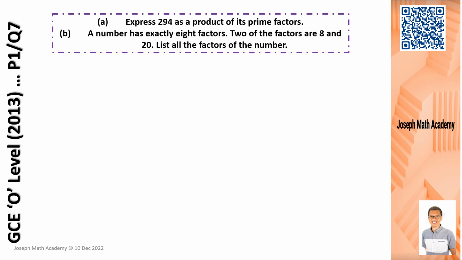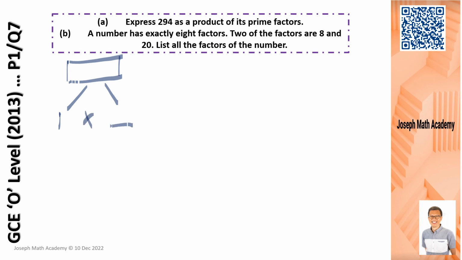Part B. A number has exactly 8 factors. 2 of such factors are 8 and 20. Let us list all the factors of the number. So, I'm going to use what we learned in P4. A factor pair is 1 times something.